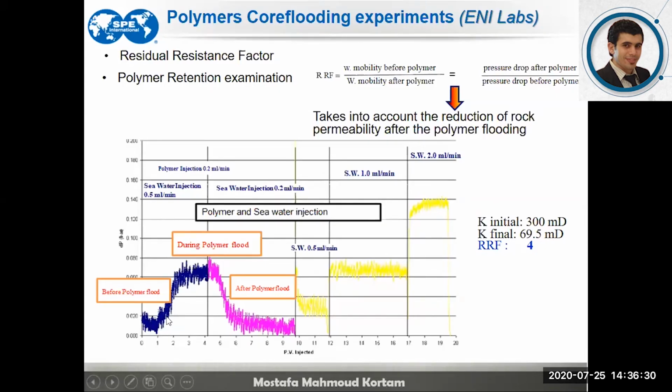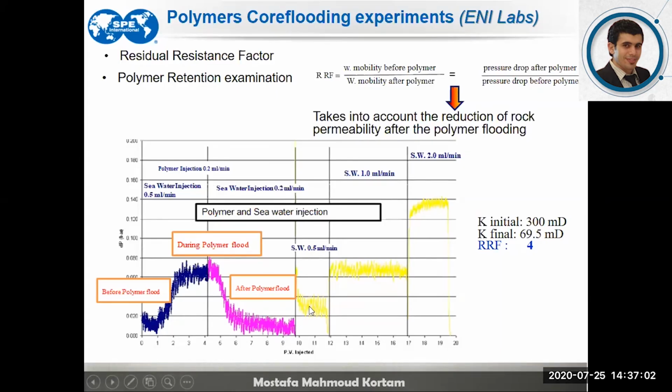Then we started to inject the polymer. The polymer was injected initially at a higher rate, but we found a high differential pressure. Then we reduced the polymer injection rate and reached a particular value, which is 0.2.